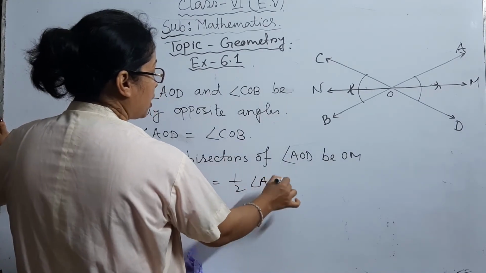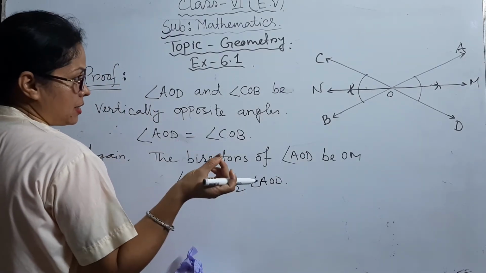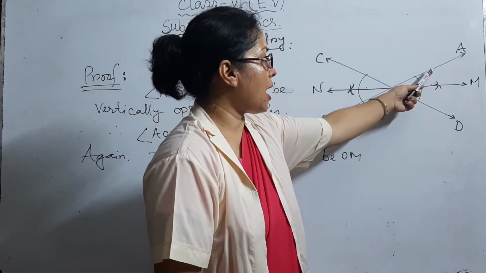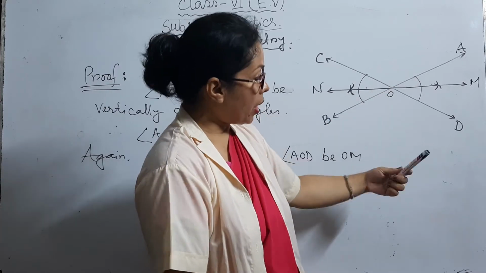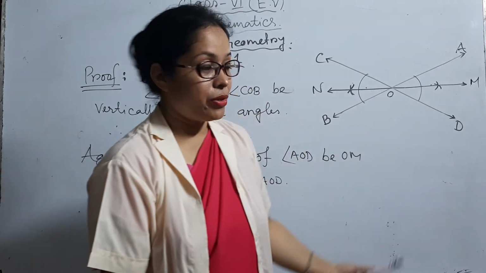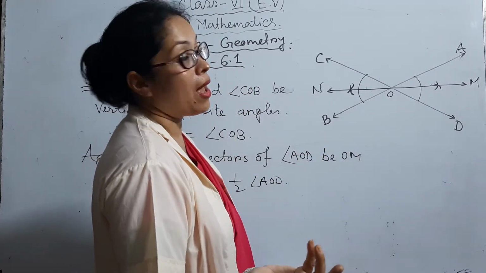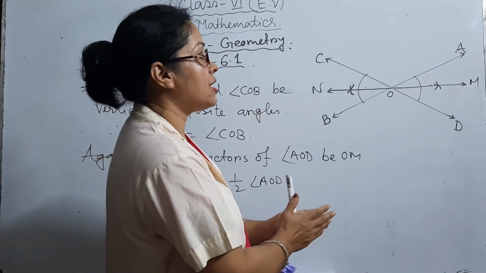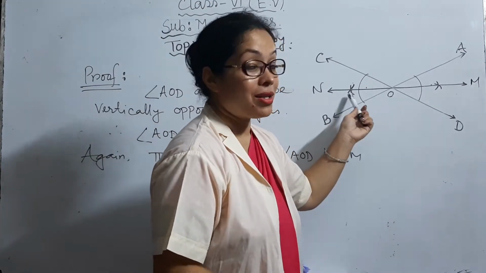Clear, dear students? You can ask me one question: ma'am, if OM bisects angle AOD, then this and this are the same, so why didn't you write AOM? Why did you write DOM? Dear students, if you want, you can write AOM also. But my destination is this: I have to prove that OM and ON are on one straight line.